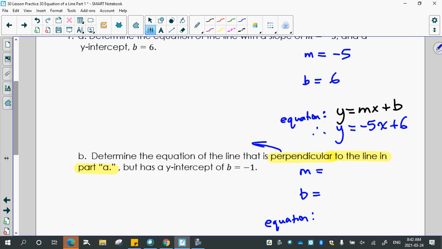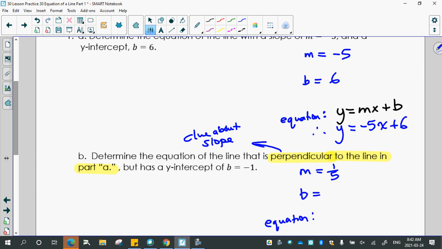This is a clue about slope. You've got to be able to figure out how the clues are helping you. So if I know the slope of this line is -5, that should mean the slope of this line would be 1/5. Okay, so there wasn't any work to show. I just need to understand what perpendicular means.